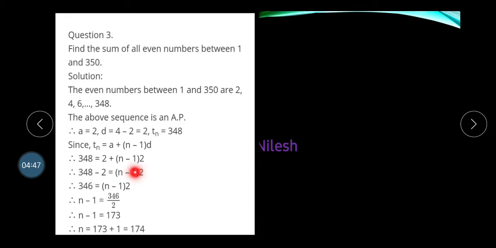Dividing both sides by 2, we get n minus 1 equal to 346 upon 2. So n minus 1 equal to 173. Adding 1 on both sides of the equation, we get n equal to 173 plus 1, that is 174.